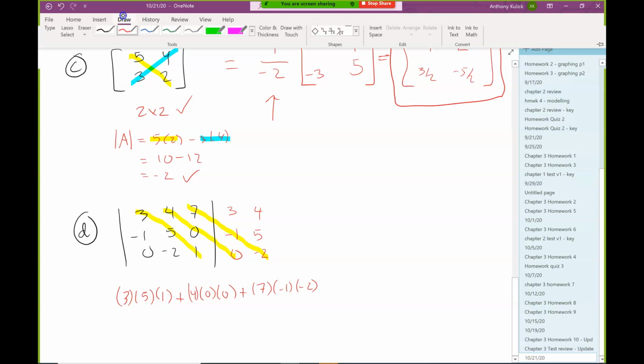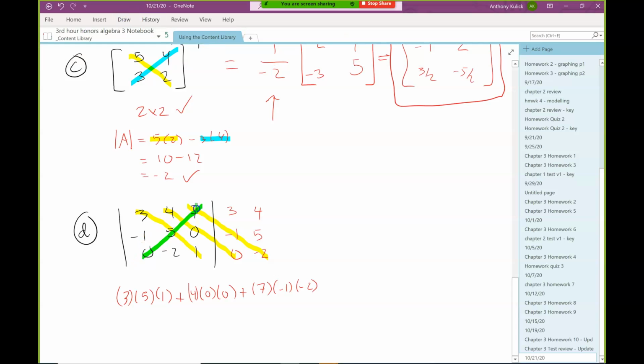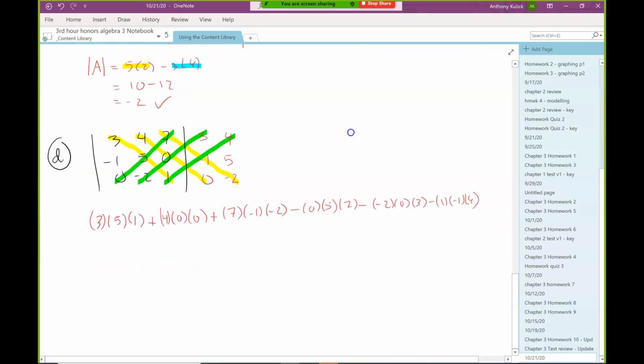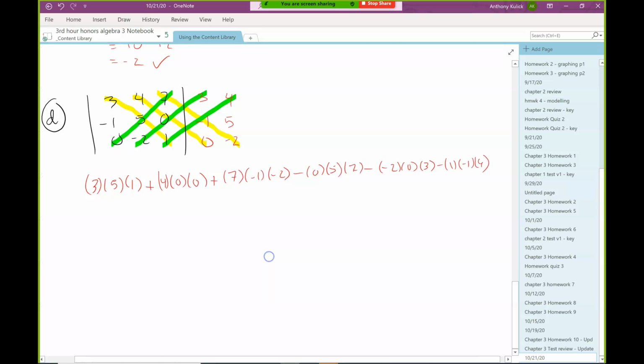And then we are going to multiply along these three diagonals and subtract the results. And I'd wager that everybody's going to agree that that's a heck of a lot easier to remember than that formula that we wrote down a minute ago.